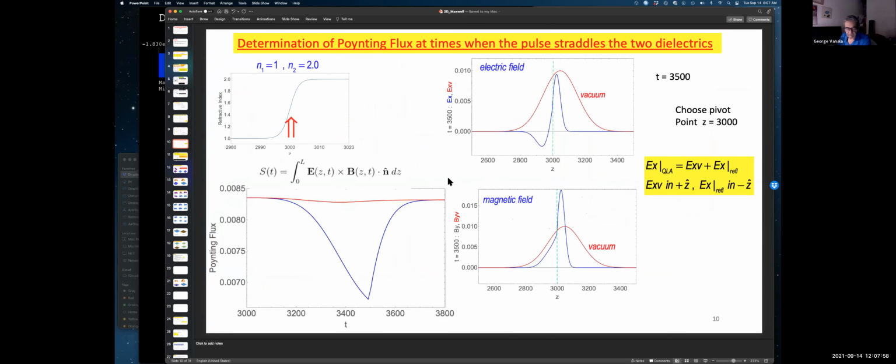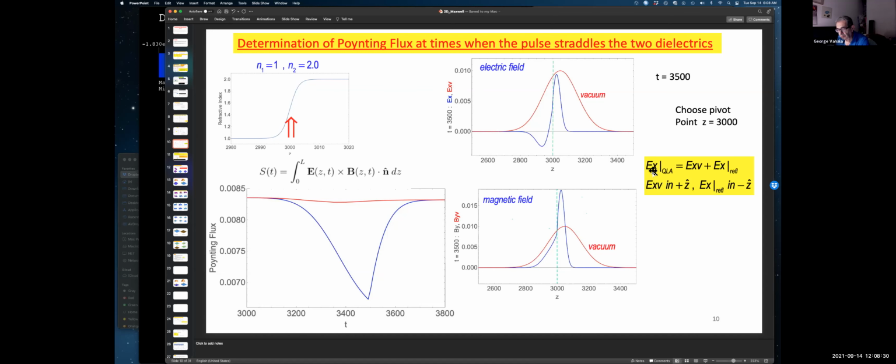So we clarified that by doing another problem where you go from refractive index 1 to 2. We will take this to be the midpoint of our transition layer. Now we look at a particular time where the pulse straddles the two dielectrics. This is the total electric field from the simulation, and this in blue is the total magnetic field.